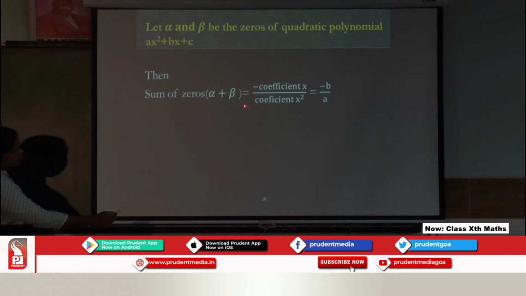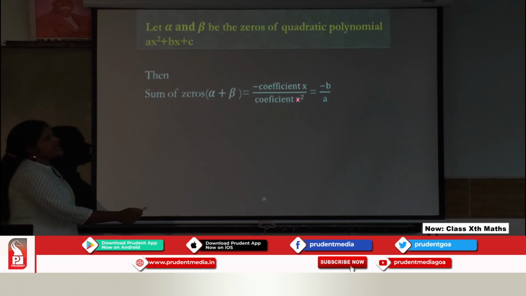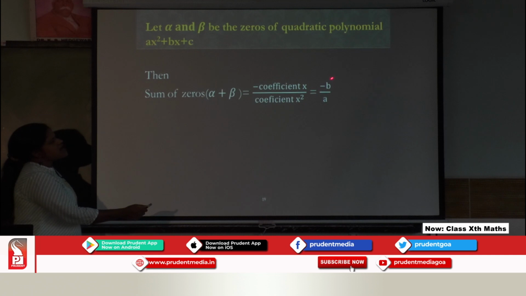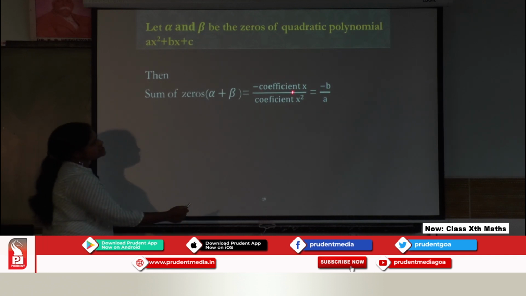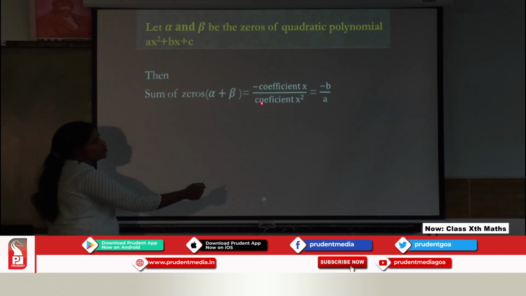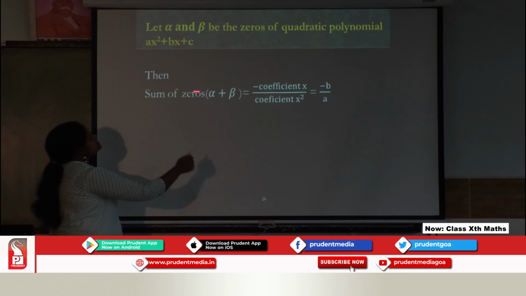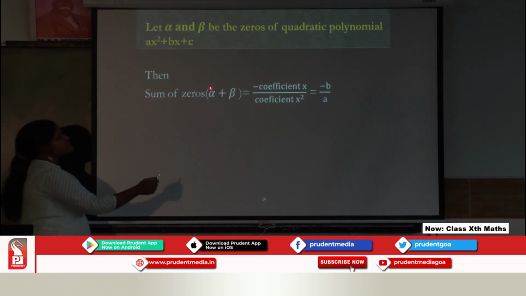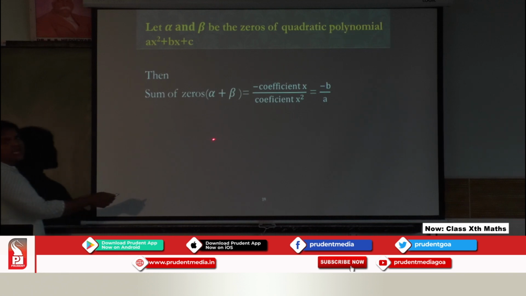Then upon the coefficient of x square, which is a. So we have minus b upon a. I repeat, it is minus coefficient of x, that is minus b, upon coefficient of x square, that is a. This is the formula to find the sum of zeros, alpha plus beta.